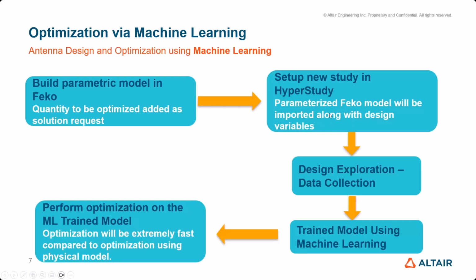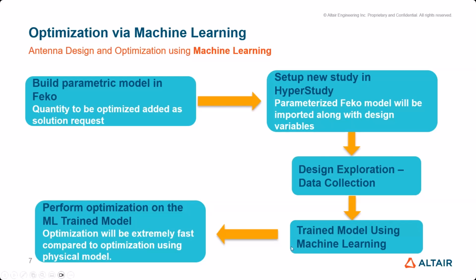Inside HyperStudy, you can look at design exploration. So this is the step where HyperStudy collects all the data from FEKO that it requires in order to create a surrogate model or a fit model that behaves like your actual model. So you train the model using machine learning by providing data points for the trained model.